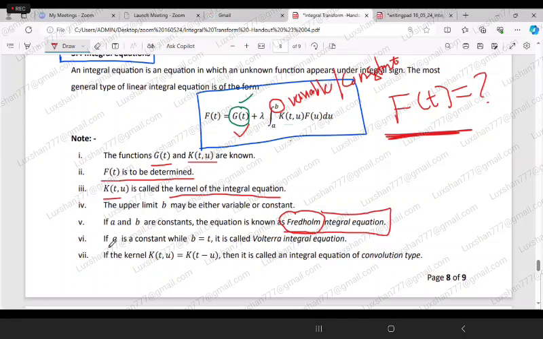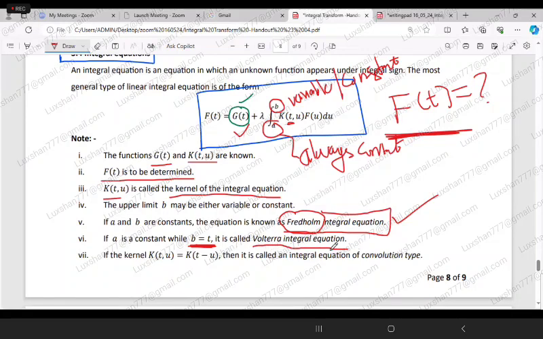If a is a constant while b equals t, then a is always constant. If b is constant, we call it a Fredholm equation. If b equals t, the same t, such an equation we call a Volterra integral equation.